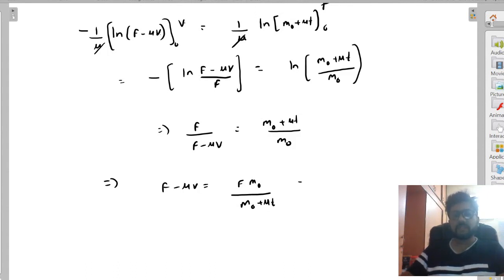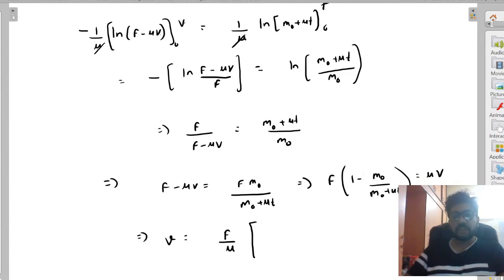So from this you will get F, taking F common, times 1 minus m naught upon m naught plus mu t, is equal to mu v. So the velocity as a function of time is F by mu into m naught plus mu t minus m naught divided by m naught plus mu t.